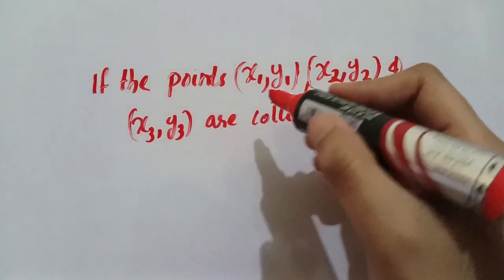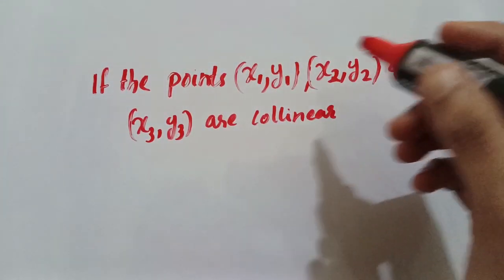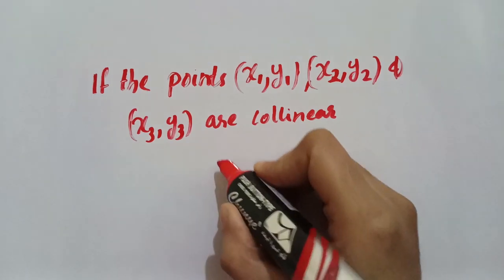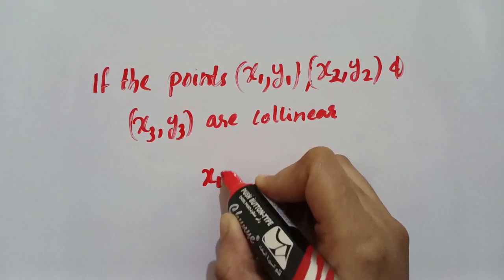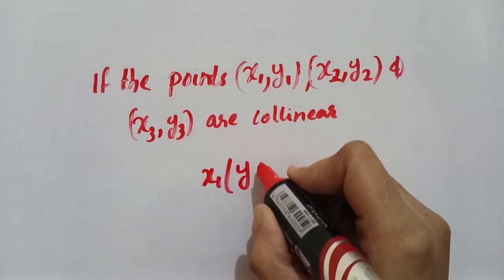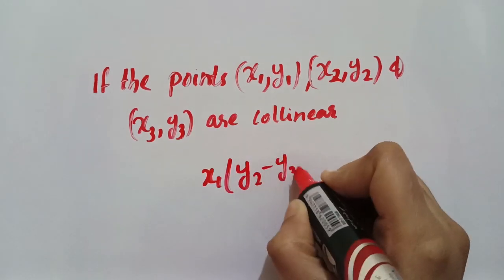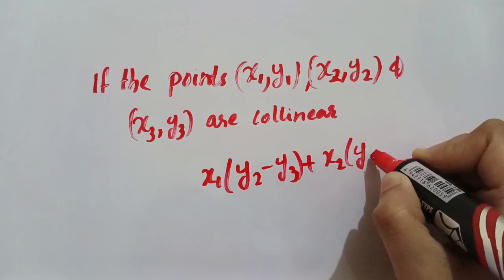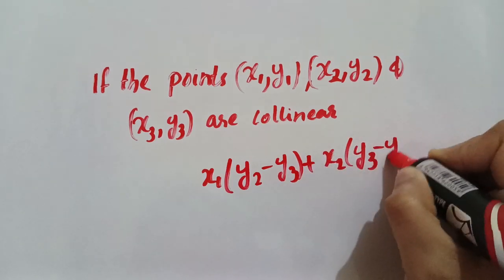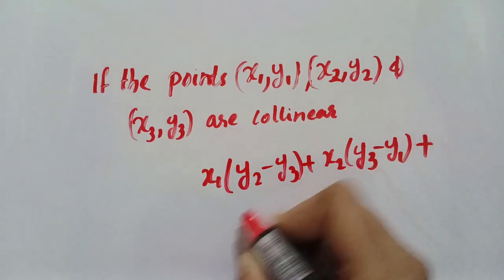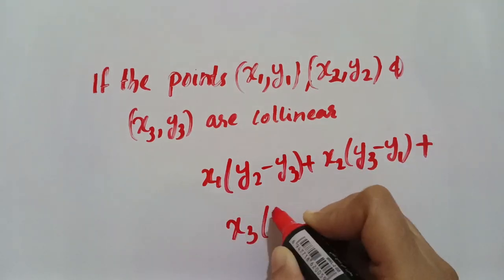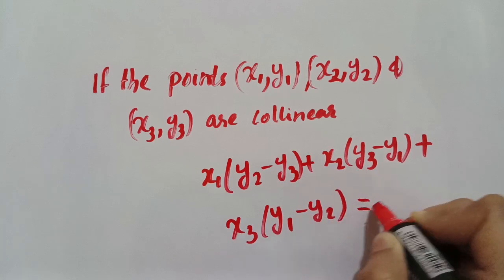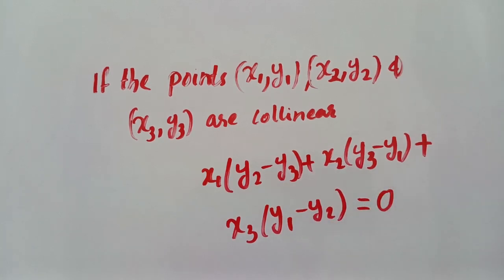If the points (x1, y1), (x2, y2) and (x3, y3) are collinear, then we can write x1 into (y2 minus y3) plus x2 into (y3 minus y1) plus x3 into (y1 minus y2) is equal to 0.